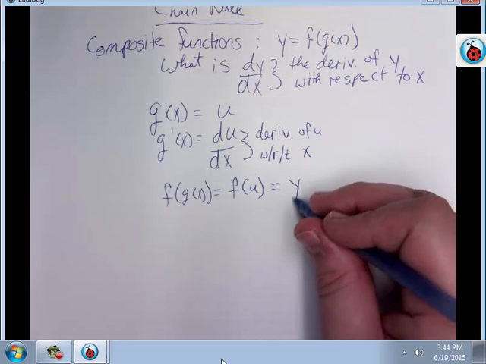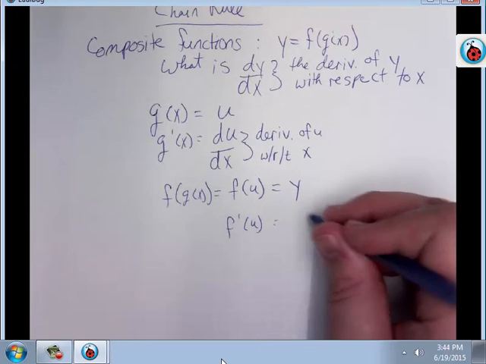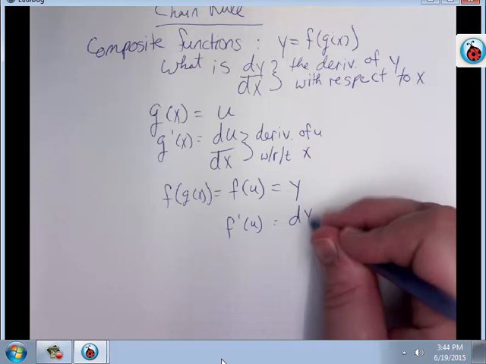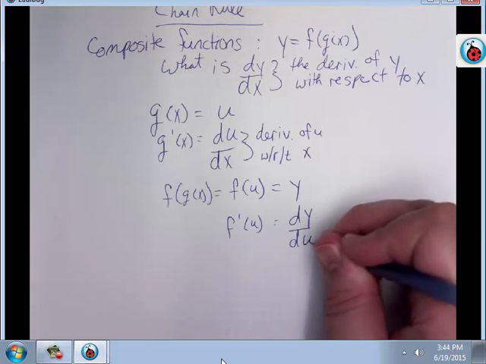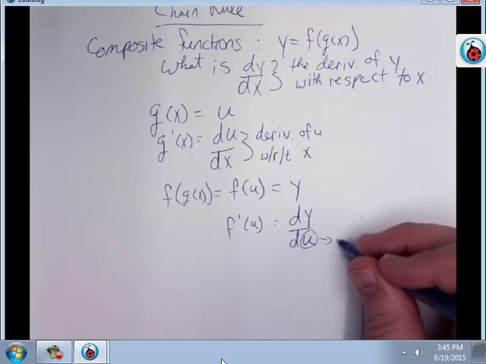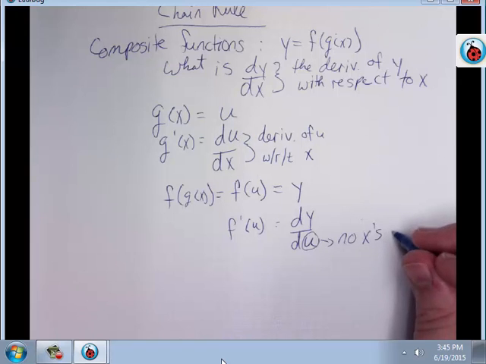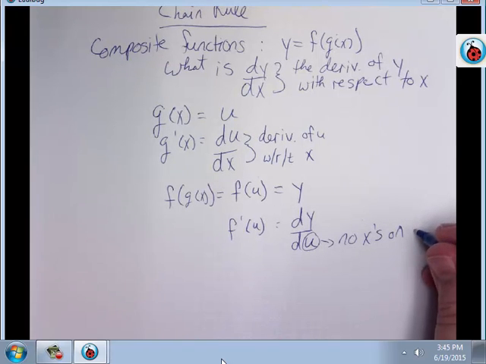When I take the derivative of y, f prime of u, it has to be in terms of u in this case, because there's no x's in f of u.